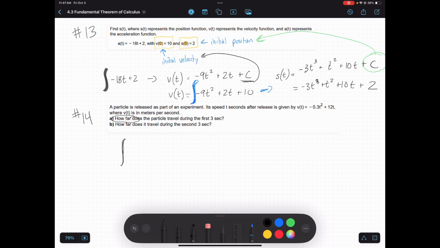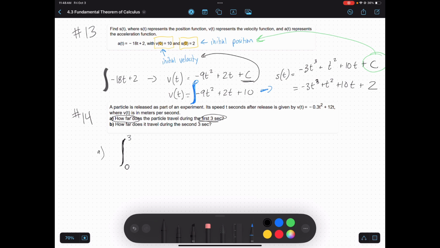Remember, in order for it to be a definite integral, I have to have bounds. That's the other thing you can ask yourself: do I have bounds? Do I have a set starting point and a set ending point? Well, if I'm looking at the first 3 seconds, what am I starting at? I'm starting at 0. What am I ending at? I'm ending at 3 seconds.